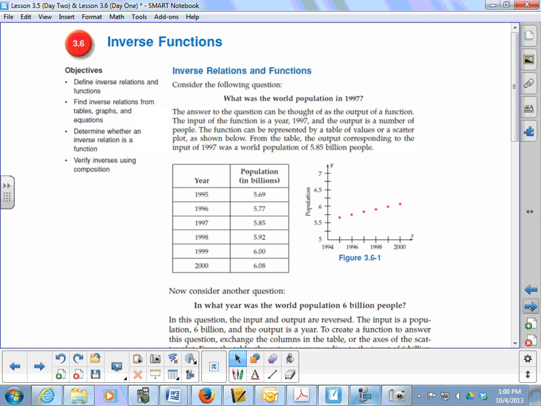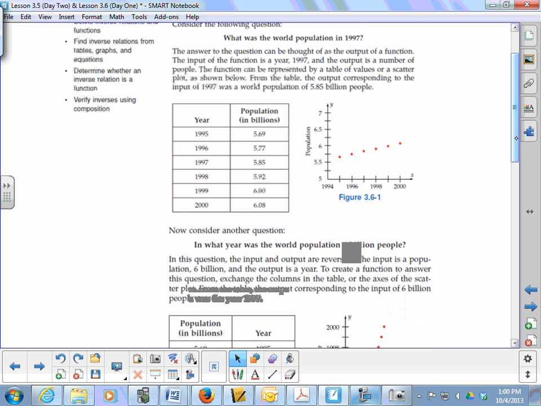So here we have, this problem shows me a graph that has a year and population for some city or country. Probably the United States. There's a lot of people there. Okay, it's the world. So here's the population of the world.